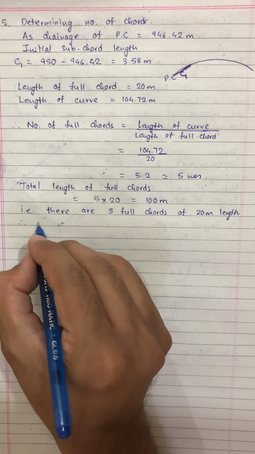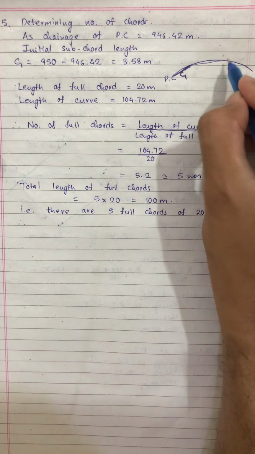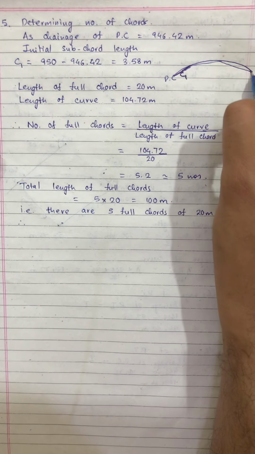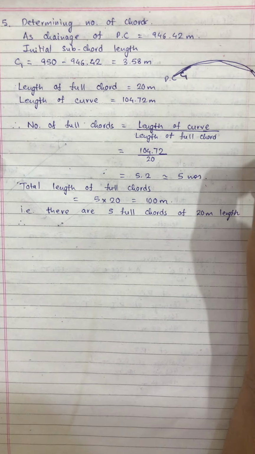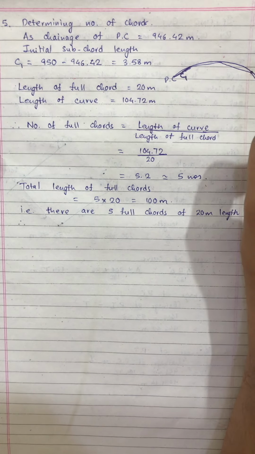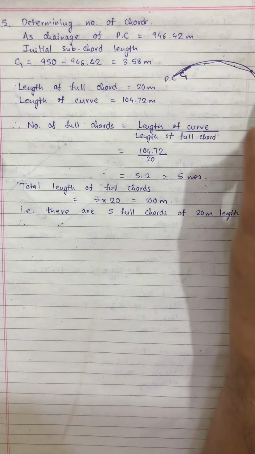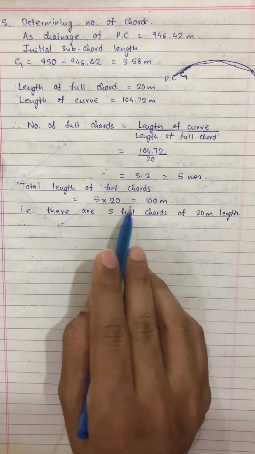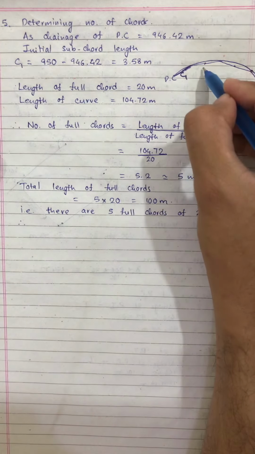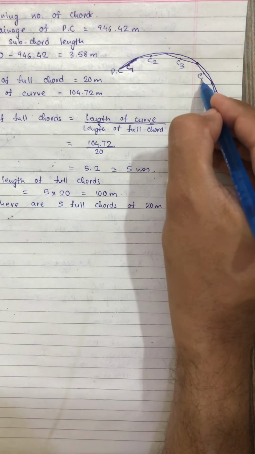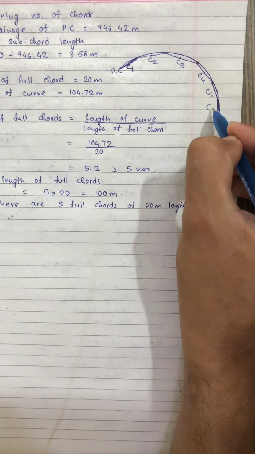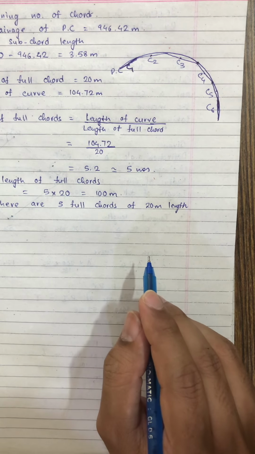Therefore, the next chord is C2, then there will be C3, C4, C5, and C6. So 5 chords, each of 20 meters. This is C2, this is C3, this is C4, this is C5, this is C6.